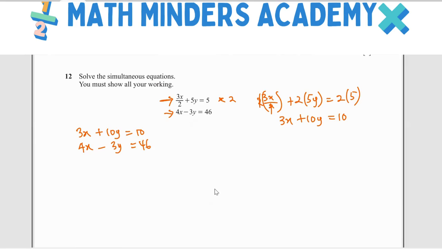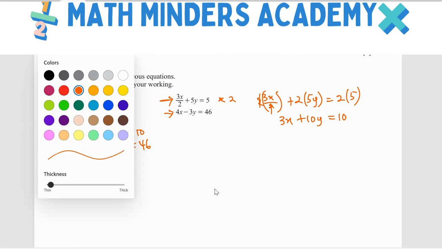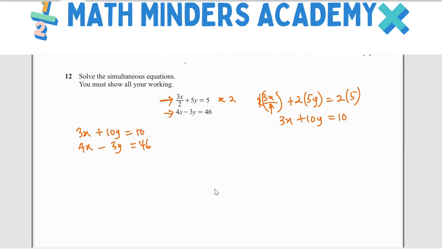Now, we want to use the elimination method. Of course, you can use substitution, any of the methods. Depending on what I want to eliminate, here we can multiply this equation by 4, and this we are going to multiply by 3.